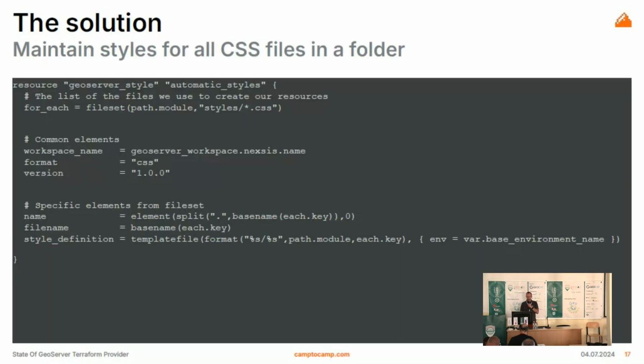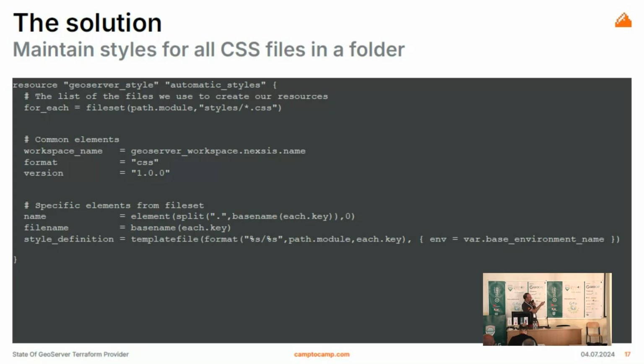So the solution. This is an example of a resource of GeoServer style. So instead of writing a resource for each file in our folder, just to say this is a style I want to have in my GeoServer configuration, we can simply declare, okay, take all the CSS files, for example, in my subfolder, and for each, create a GeoServer style resource using the parameter I give you.